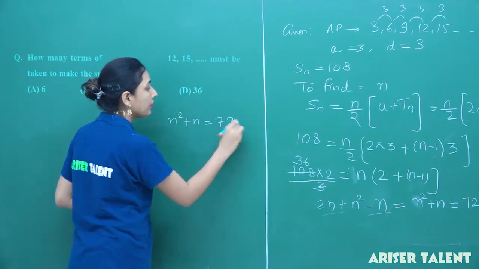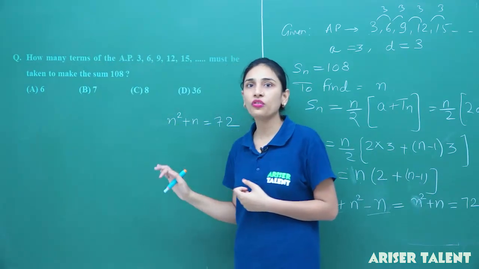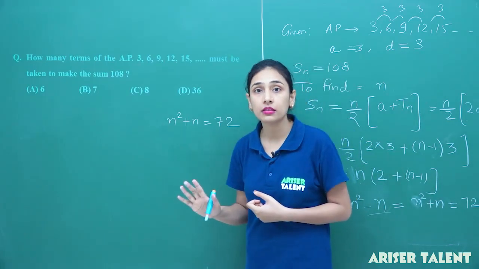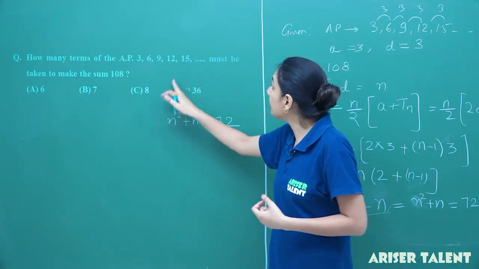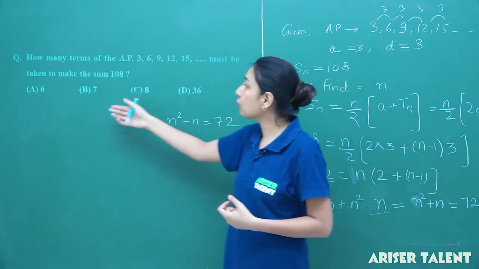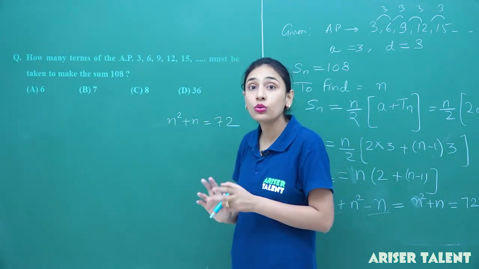Now you have two options. First option is this: find the value of n from this equation. Second method: you have 4 options here. Only this option has a large number, but the rest of the 3 are quite easy to calculate with.